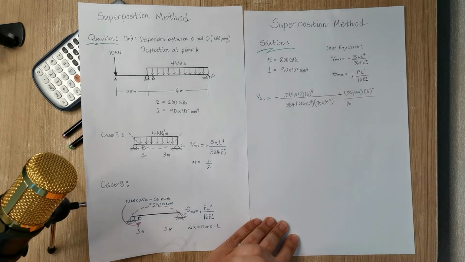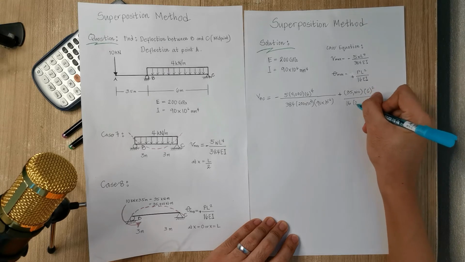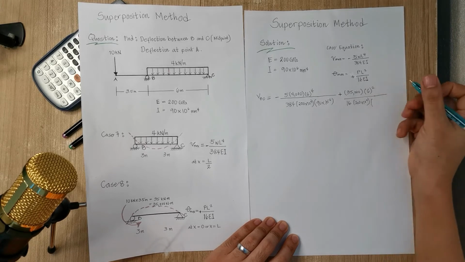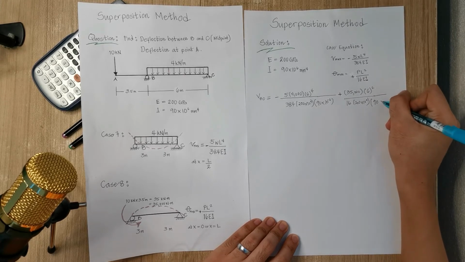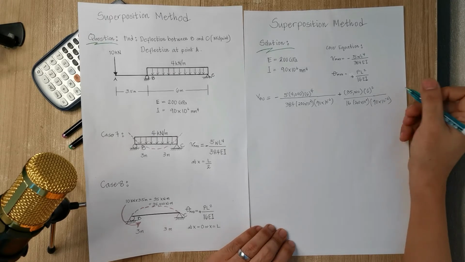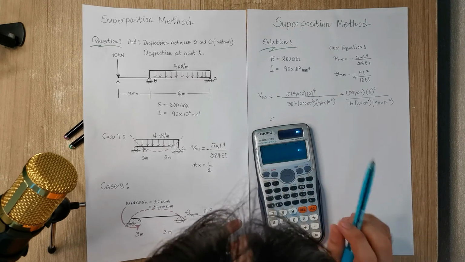Ano yung E natin? Ang E natin, which is our modulus of elasticity, so 200 times 10 to the power of 9 times 90 times 10 to the power negative 6. So let's input here in our calculator.